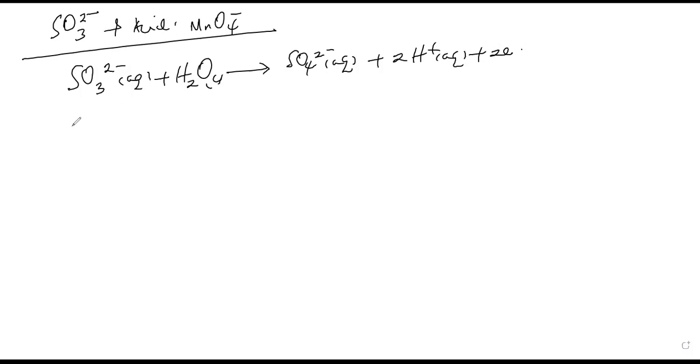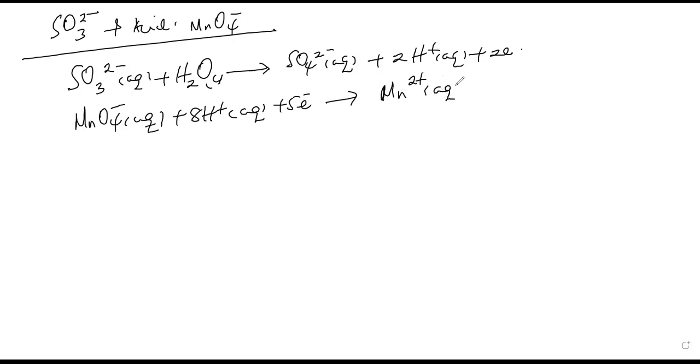Then for manganate, that one is common, MnO4 minus plus 8 hydrogens plus 5 electrons to give manganese 2 plus 4 water.